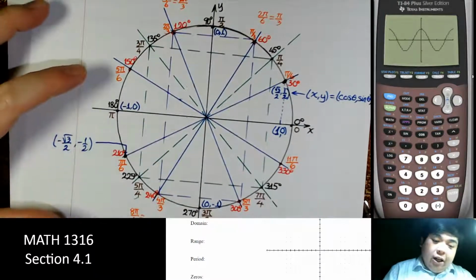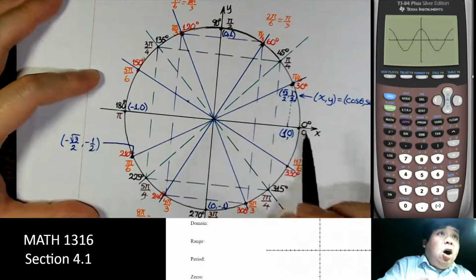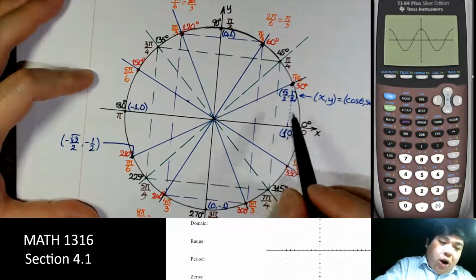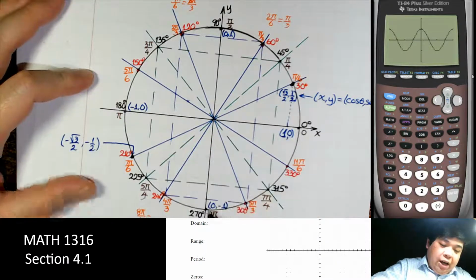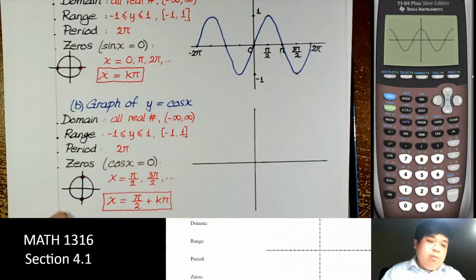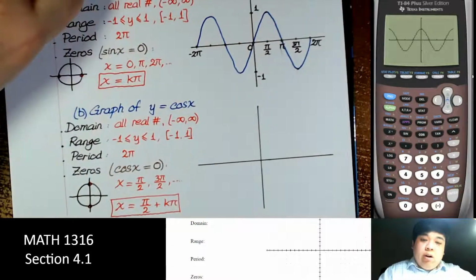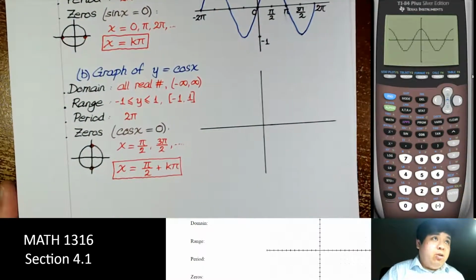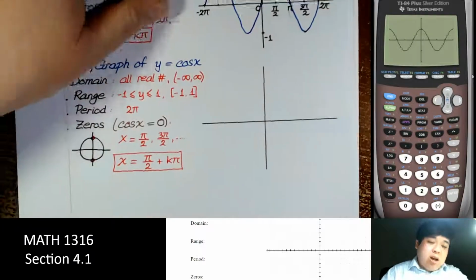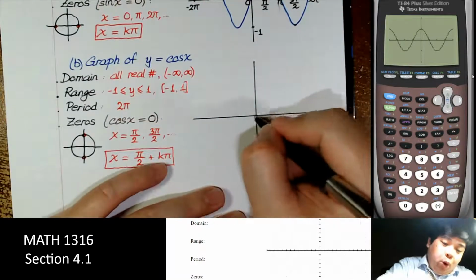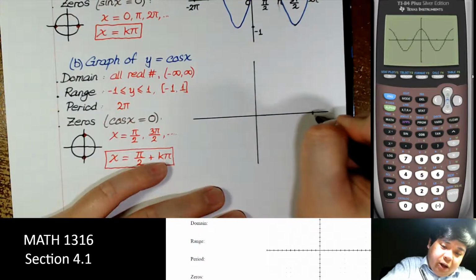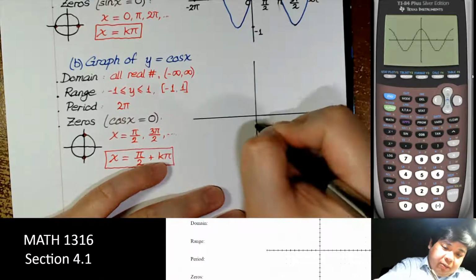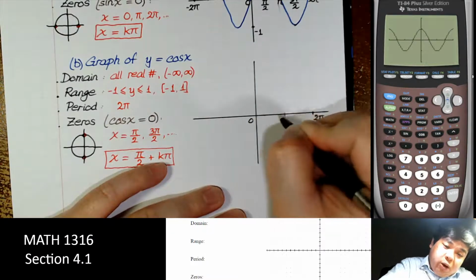Cosine is the x values. On the unit circle, the x values are 1, 0, -1, and 0. So, as mentioned before, when we have the graph of a trig function, especially sine and cosine, we go with the period first, 2 pi, and divide that into 4 equal segments.